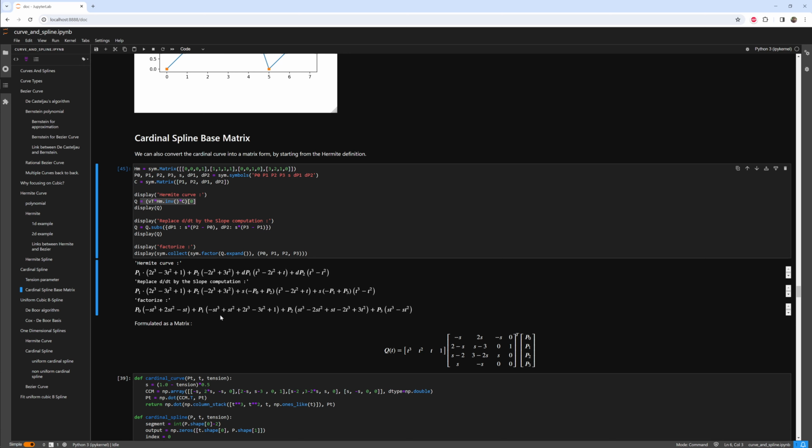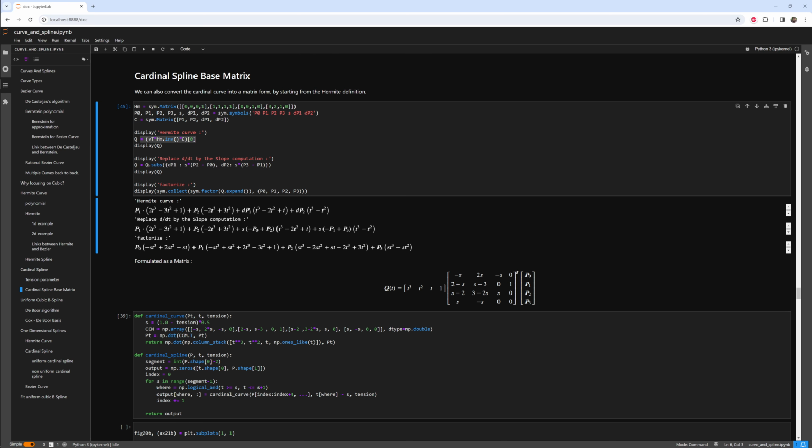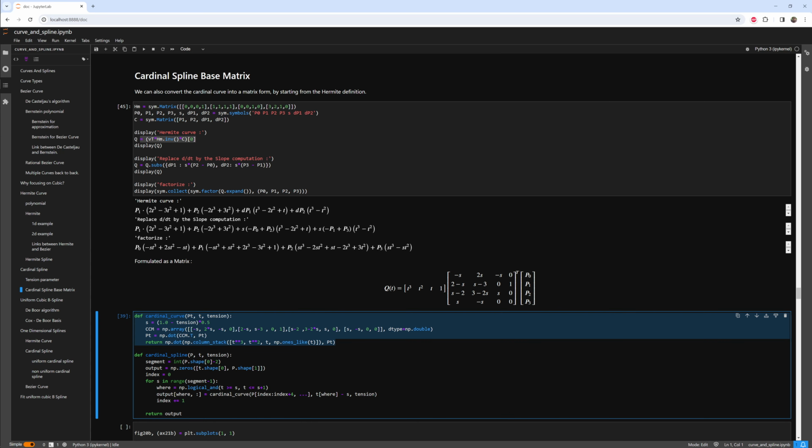I can now write this again as a matrix, and you see it's the same structure as the matrix for the Bezier curve and the matrix for the Hermite curve. Now it's a matrix for the cardinal spline, using the S directly inside that matrix. I can have my cardinal functions directly draw a curve without going through the step of giving me a list of Hermite splines.